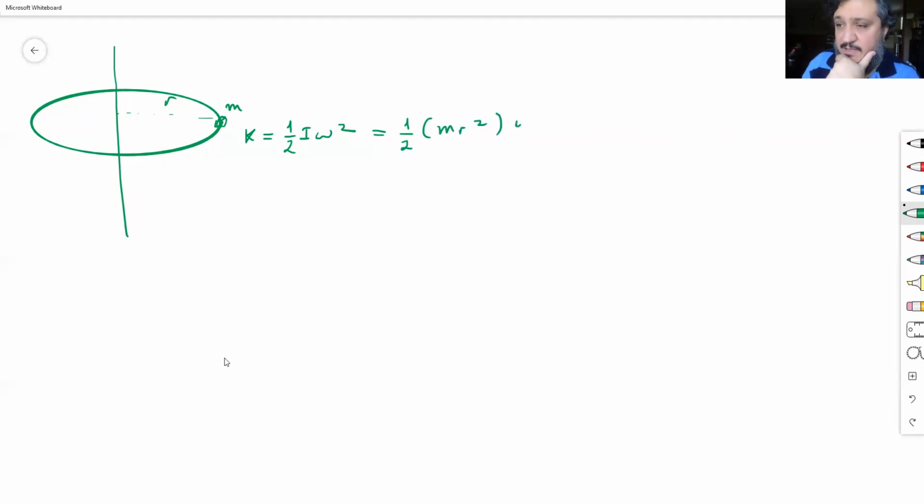Because if you multiply it by omega squared, you use the fact that r times omega is v, so you get 1/2 mv squared. Okay, so for just a point particle going in circles, let's change the direction of rotation and put v here now.